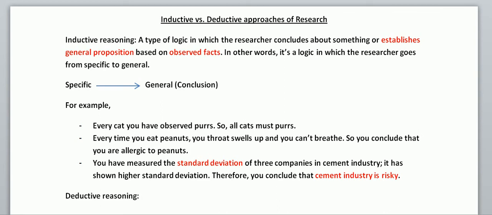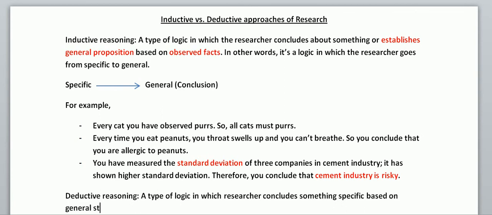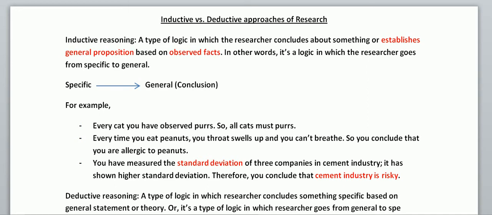Now I'm coming to deductive reasoning. What is deductive reasoning? It is a type of logic in which the researcher concludes something specific based on a general statement or theory. Or you say it's a type of logic in which the researcher goes from general to specific.